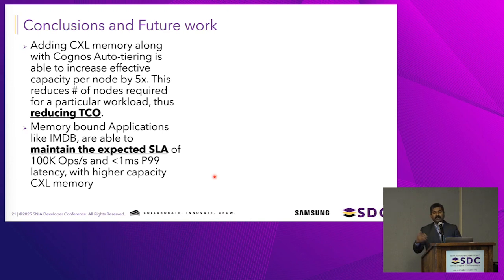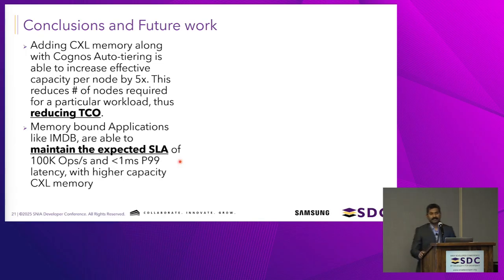But along with the auto tier module which we have developed, we could increase its performance such that it still meets the expected performance. That's something we tried to do. So it was all around the reduction in TCO and maintaining the SLA.